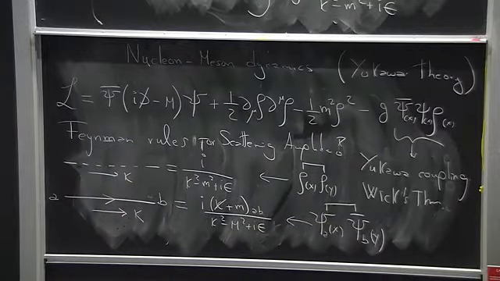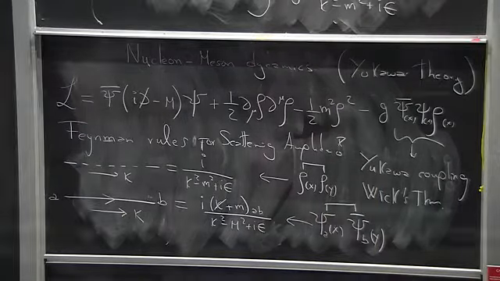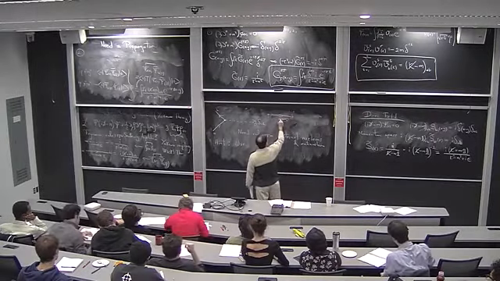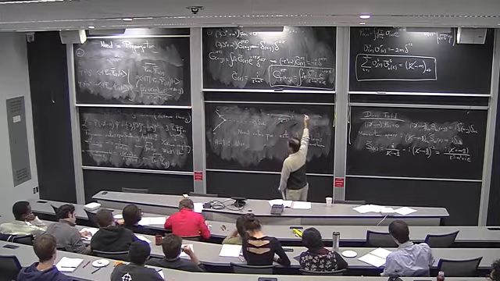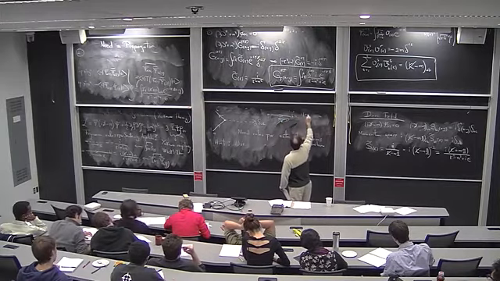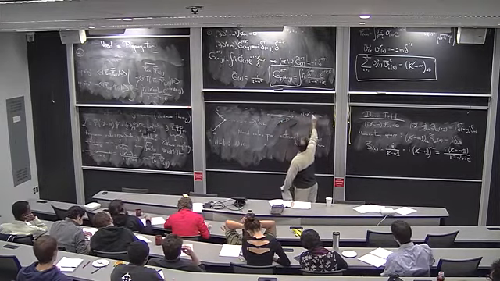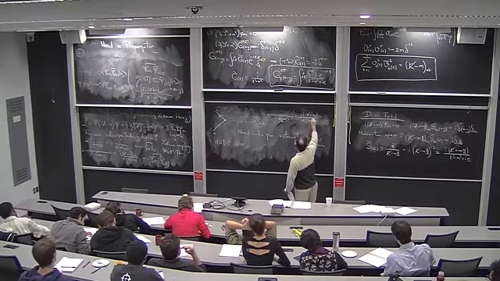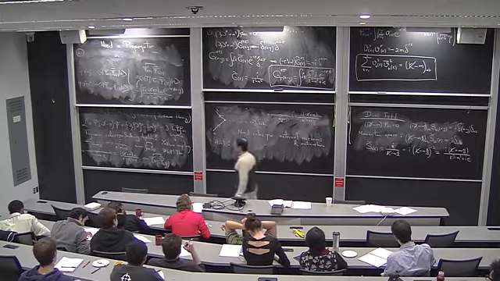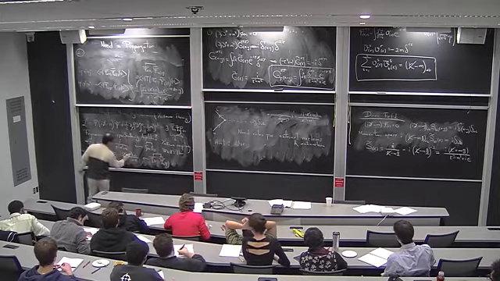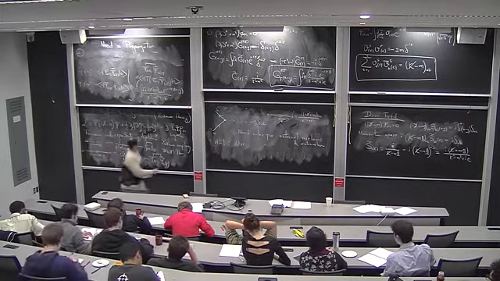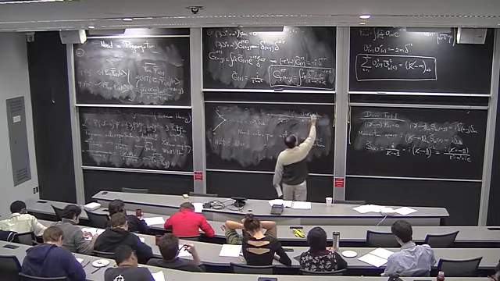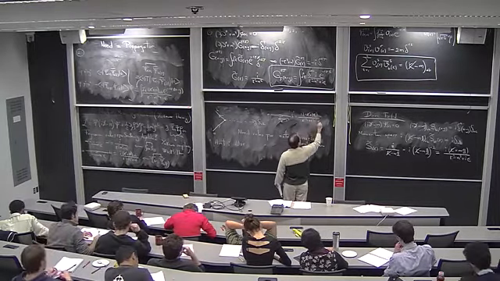It seems that we need another rule, which is that if you have this with a momentum going in that direction, then you get i(-k̸ + M) over k² - M² + iε. Oh, this m should have been the capital M, right?